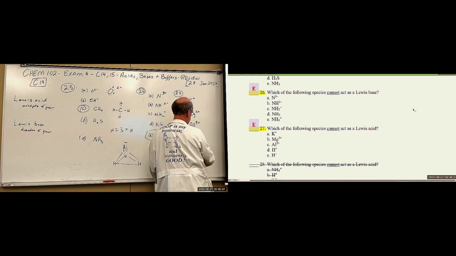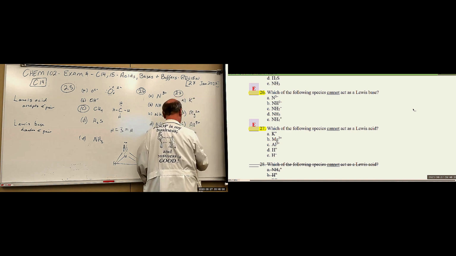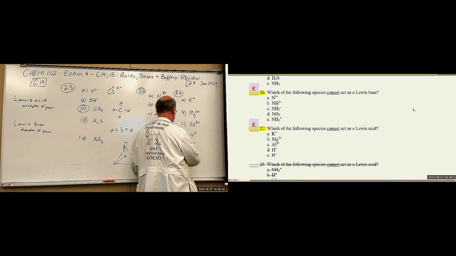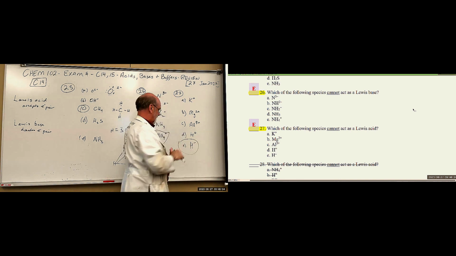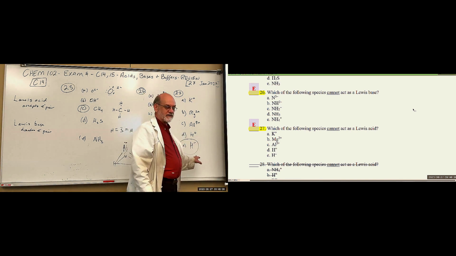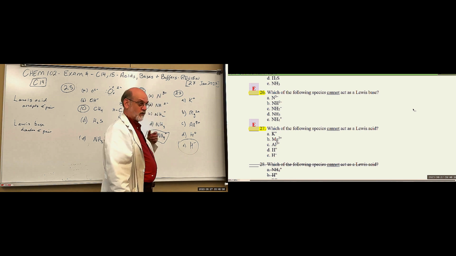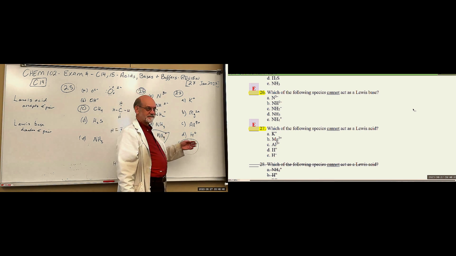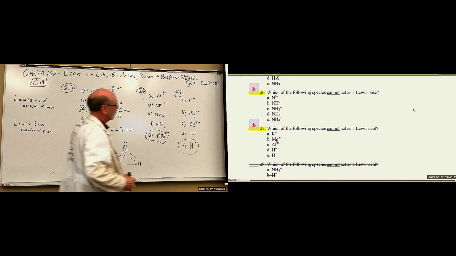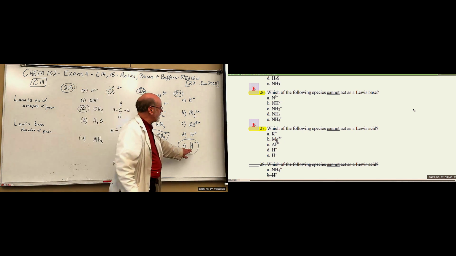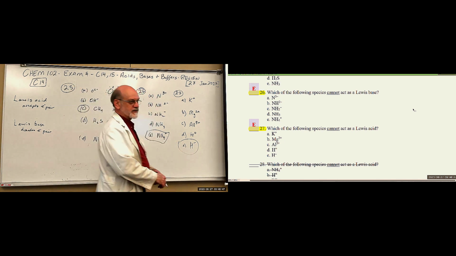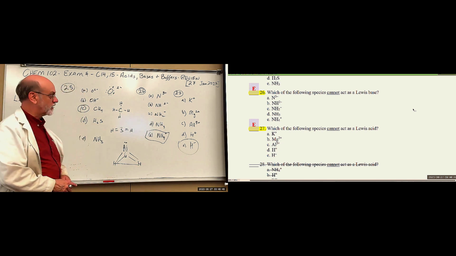Hydrogen, yeah, it'll pick up electrons. H minus, never. That one's got no more room for electrons, right? Its 1s shell is full. So that would not be a good candidate for a Lewis acid for accepting electrons.